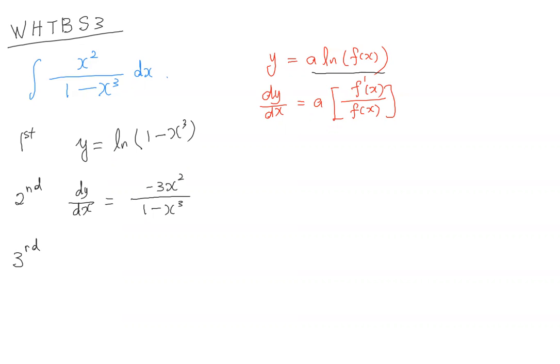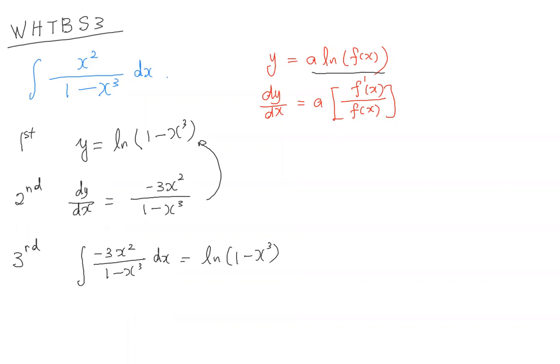I will say if I integrate negative 3x squared over 1 minus x cubed dx, what do I get? I know the answer. That is my y, which is ln of 1 minus x cubed. Am I right? So then what do you mean by negative 3x squared over 1 minus x cubed?